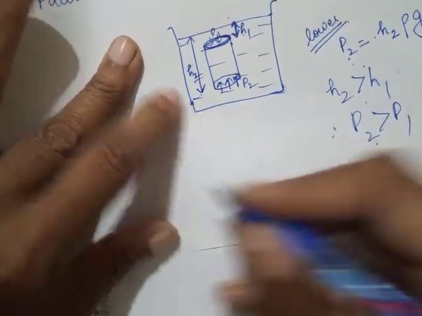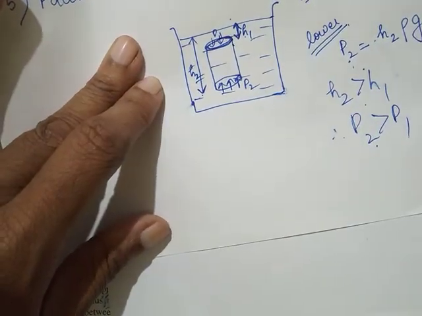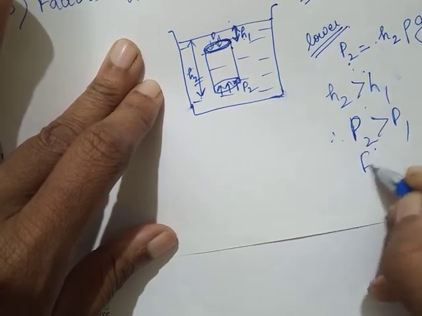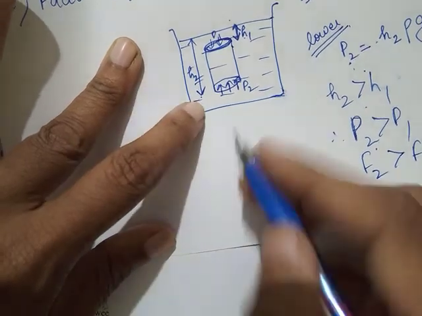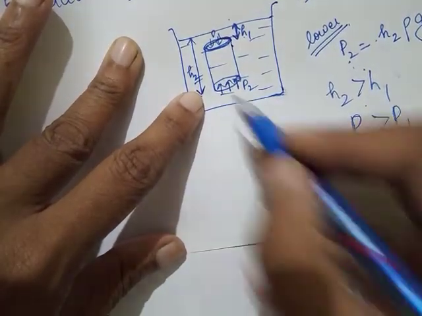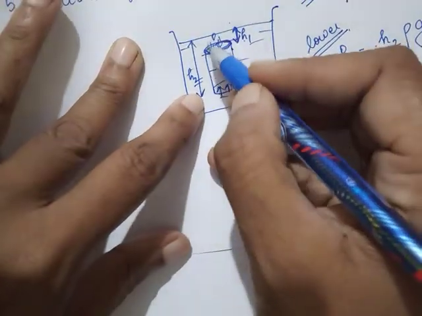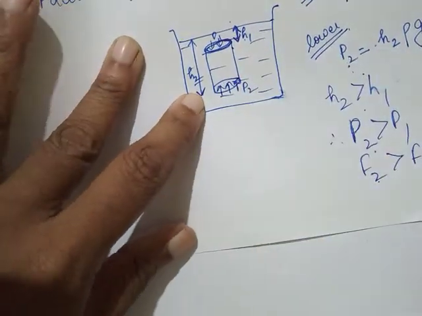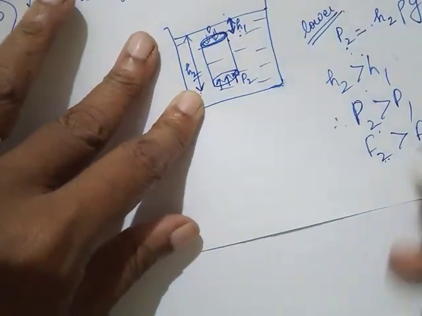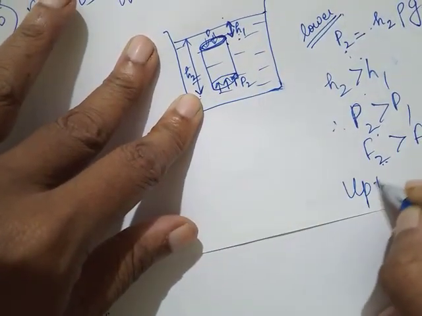You know that pressure is directly proportional to force. Pressure is force upon area. So if P2 is greater than P1, F2 is greater than F1. That is, the force exerted in an upward direction on the lower surface will be greater than the force exerted in a downward direction on the top surface. So that leads to the concept of upthrust.